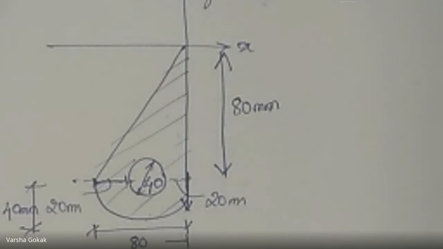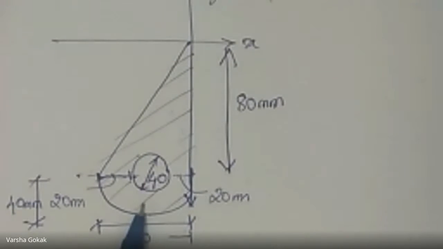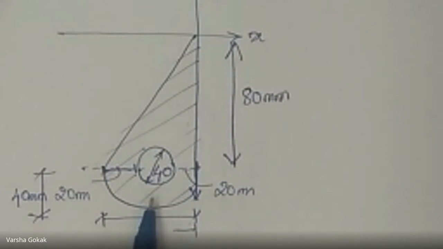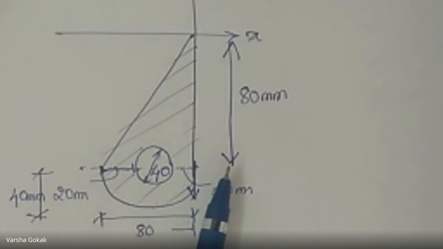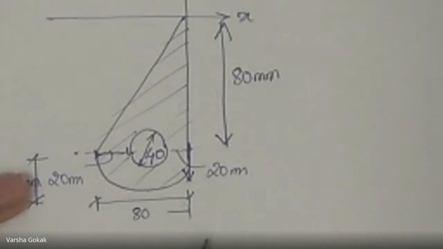Negative. Both are going to be negative, right? X and y are going to be negative for this triangle, for the semicircle, and for the circle. And in deductions, area also will go with the negative sign. And when we substitute into the formula for CG, we have to take care of all the negatives. Clear? So with this, let us start.